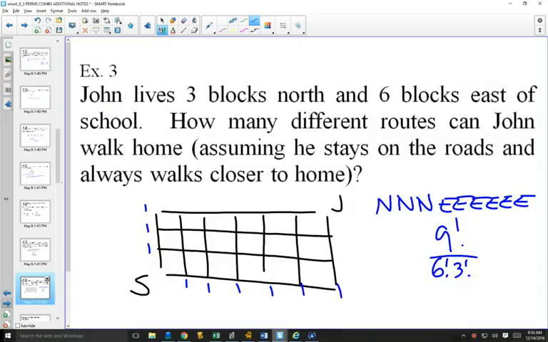How many ways can you get to this dot right here? 2 ways. And this will be 3, 4, 3, 4, 5, 6, 7. How did we find this one? Add those 2 up. 6, 10, 10, 20, 15, 21, 28, 35, 56, 84.